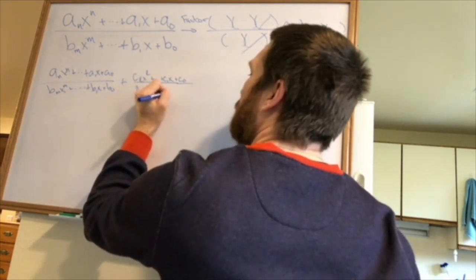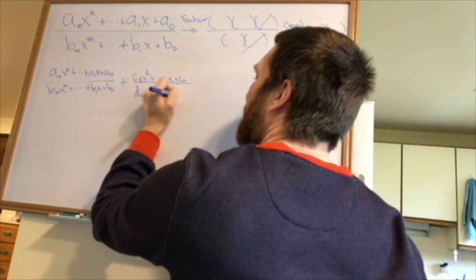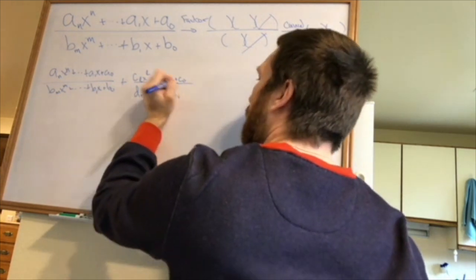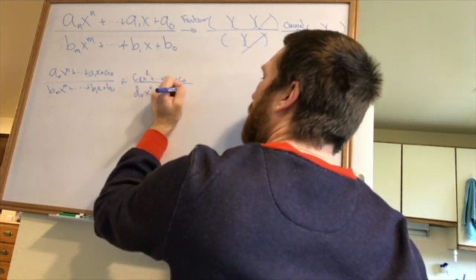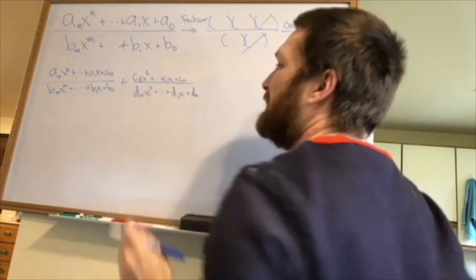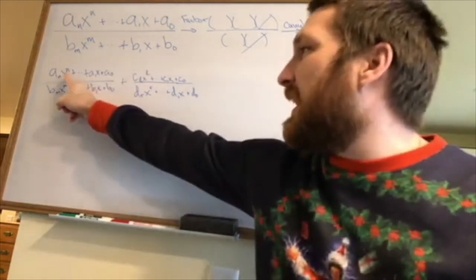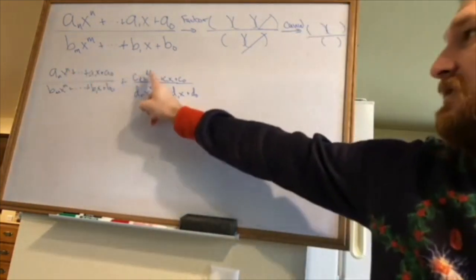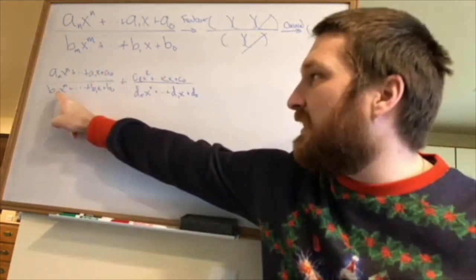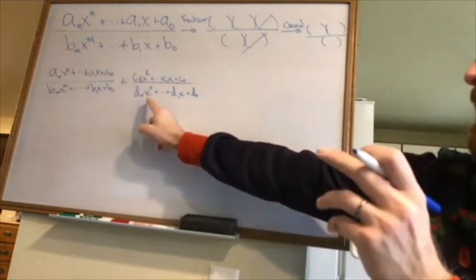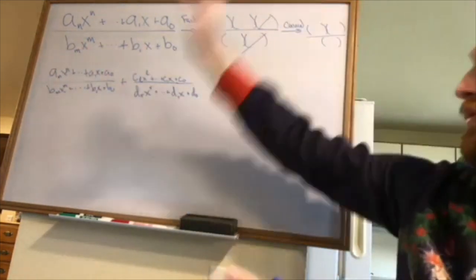I'm doing this with all these different letters to try to make this as general as possible, to say these don't all need to be to the same power. This could be an x to the third. This could be an x to the fifth. That could be an x to the first. That could be an x to the seventh or whatever.